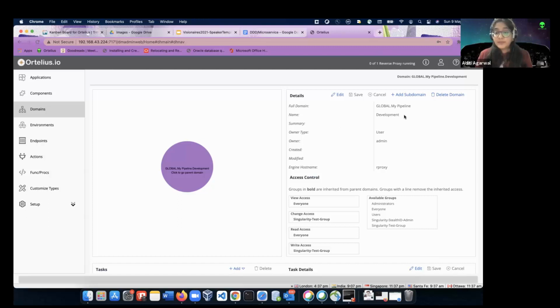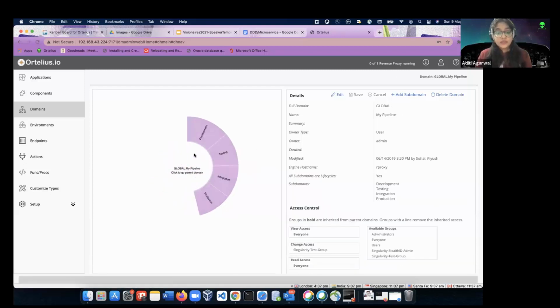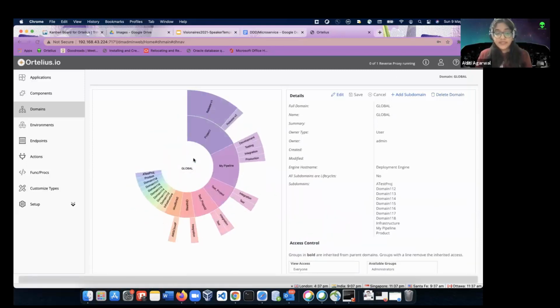And development is a further subdomain inside my pipeline subdomain. So this is the hierarchy of the domains in Ortelius. And if I want to go back to the global domain, by just clicking it, I can go to that global domain. So this is the overall view of the Ortelius dashboard and the domain catalog.